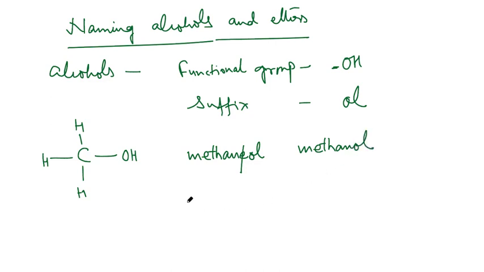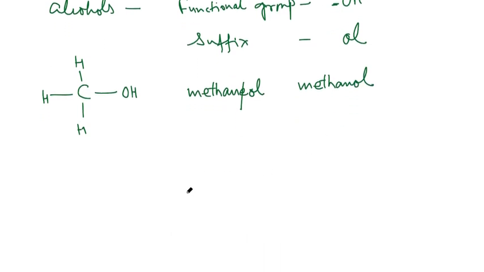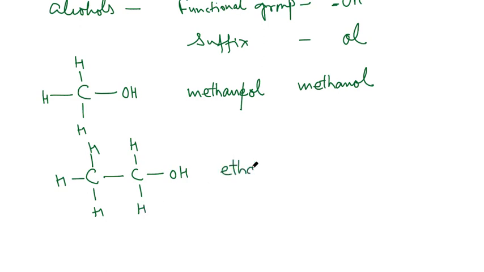In the same way, if it is a two carbon chain, the compound becomes ethanol. In this case, we will write ethane, we delete E and then add OL, so it becomes ethanol. Ethanol. This compound is 2 carbon alcohol, ethanol.